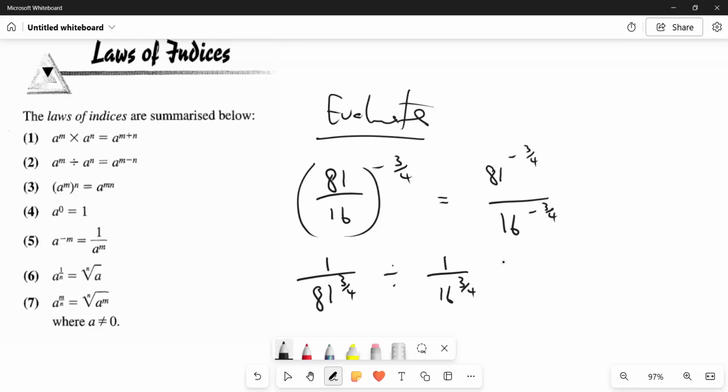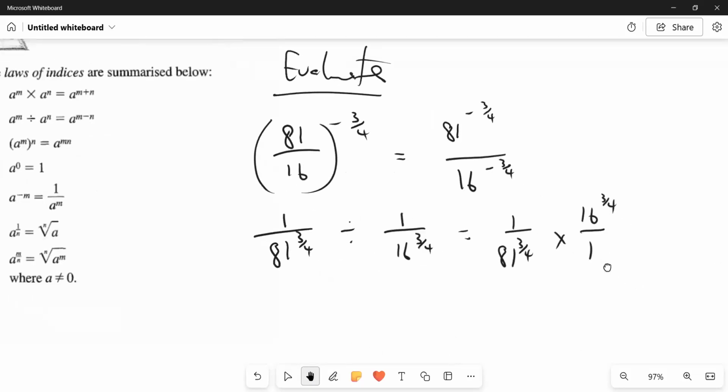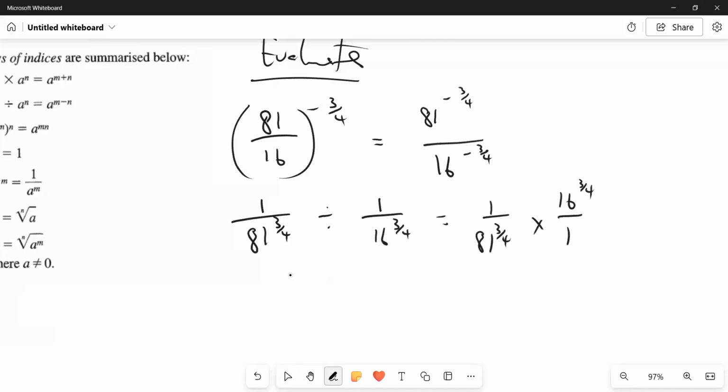So you do the flipping and you get 1 over 81 to the 3/4 multiplied by 16 to the 3/4, and that becomes 16 to the 3/4 over 81 to the 3/4, right?